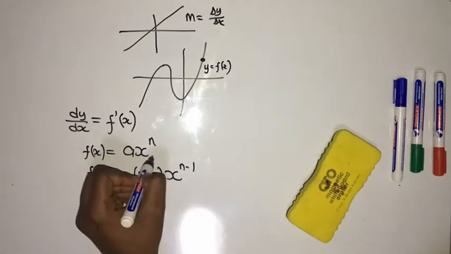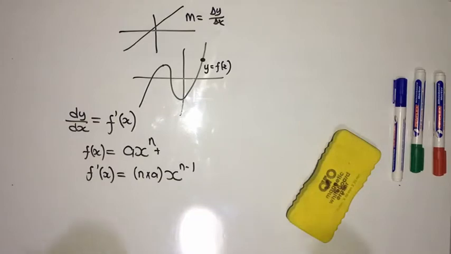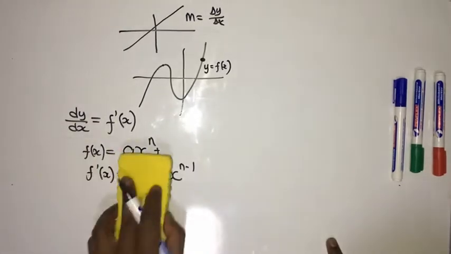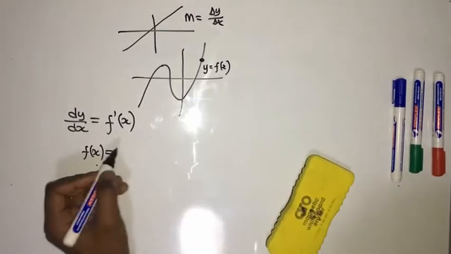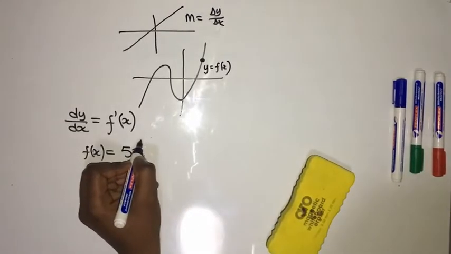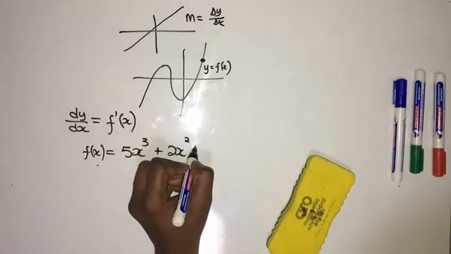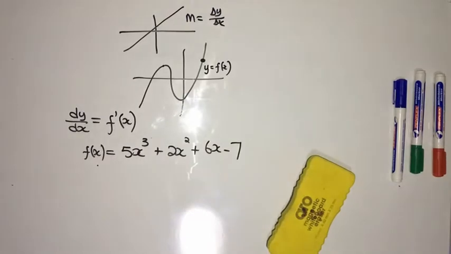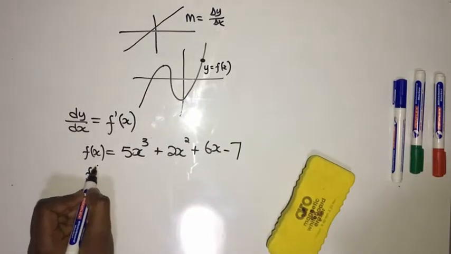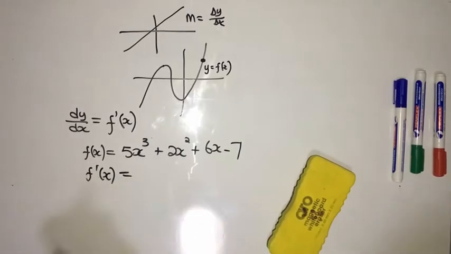We can have a lot of variables here, as I'm going to show in this example. Now let's suppose that our f of x is actually a known function. Let's say this is 5x cubed, plus 2x squared, plus 6x, and then minus 7. Okay, so if we're looking for the derivative of f, we're following the same rule that I just explained.